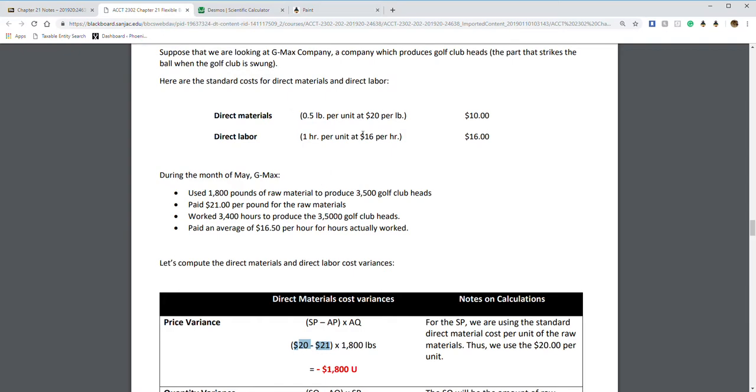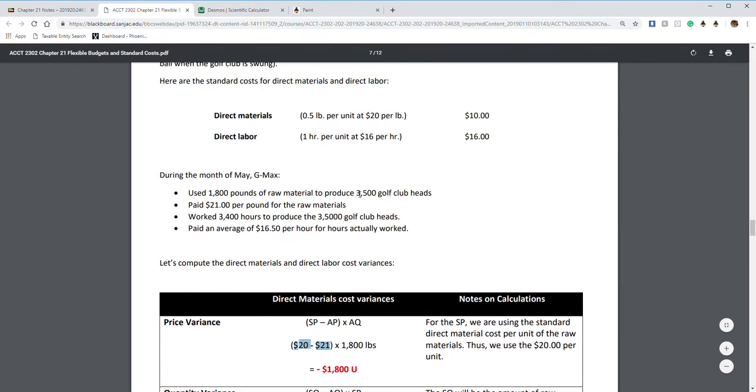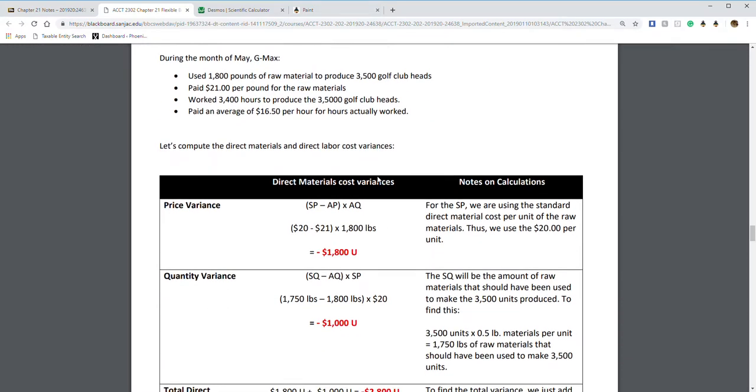Going to our quantity variance here, if you notice, we don't have how many pounds would have been the standard. So we actually have to figure this out. In order to figure this out, we have to take the 3,500 units that were actually made and times it by 0.5 pounds. So we have to convert the units to the pounds.